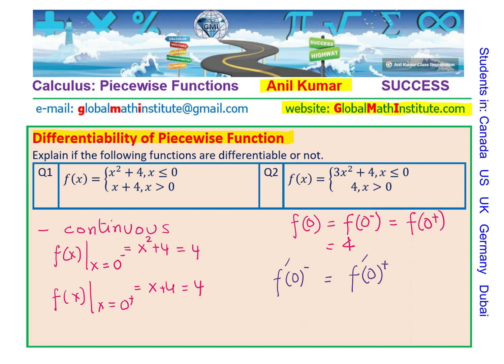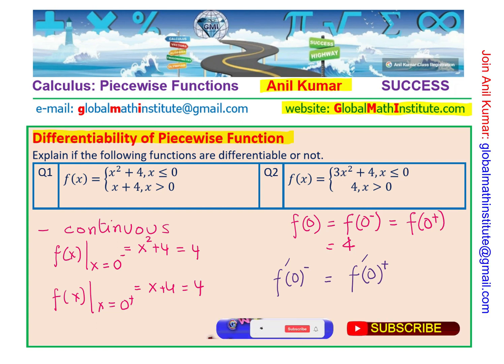That is the concept. It is continuous, but is the gradient the same from both sides or not? That is the key thing. Only then could it be differentiable. If this gradient is not the same, then it will not be differentiable. Perfect. So now let's analyze the gradient for this particular question. Makes sense, right?